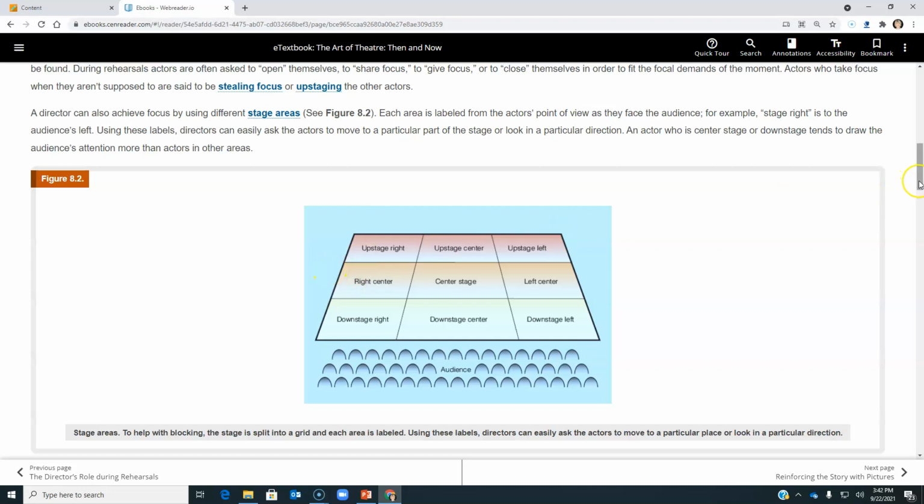That's how you would give directions, and the actor would take those and write them in their script. We use the abbreviations, DR for downstage right, SR for stage right, and so forth. That's how you establish where they're going to be.